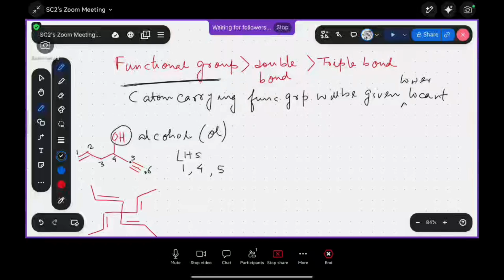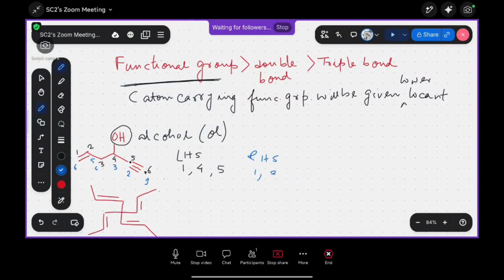But if we number from the right hand side, at the 1 position we are having the carbon-carbon triple bond.